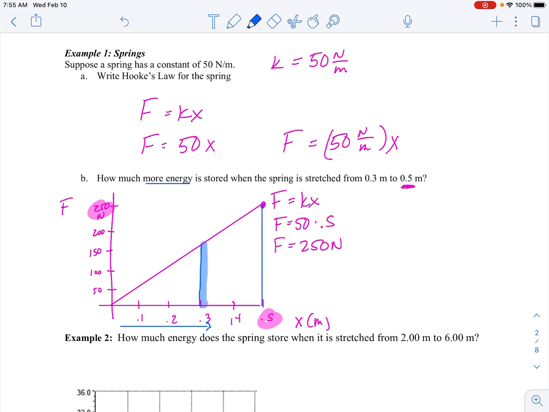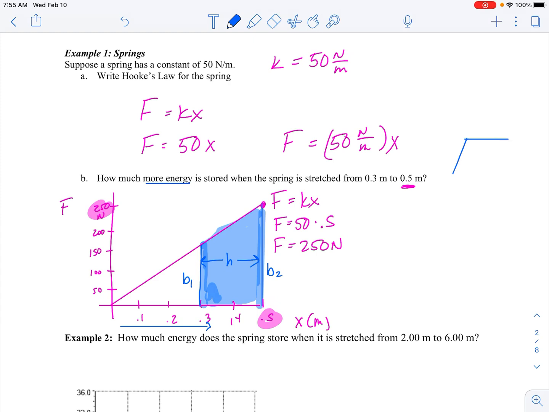So I want you to think for a second about what this shape is. Think back to your geometry class. It's got two parallel sides, which we would call bases. Now, usually the bases are horizontal. Here they're vertical. And then the height is horizontal.